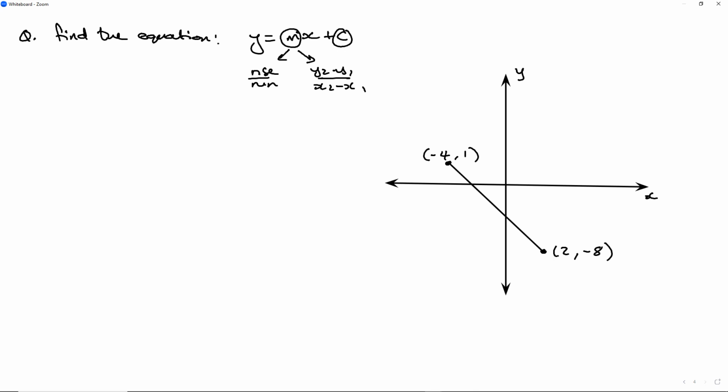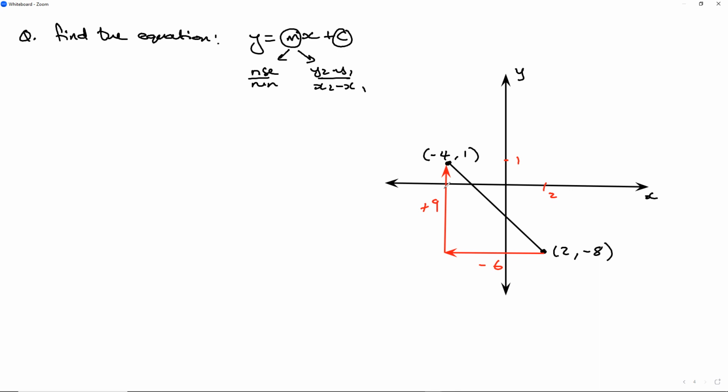If I choose rise over run, I need to identify how do I get from here to here, and that looks like left, so it's negative, and this goes up after that, tail to tail. Going from 2 till -4 is going to be -6 in this direction. Then we go from -8 till 1, so that's going to be +9 in this direction.